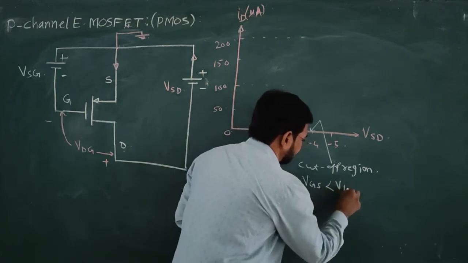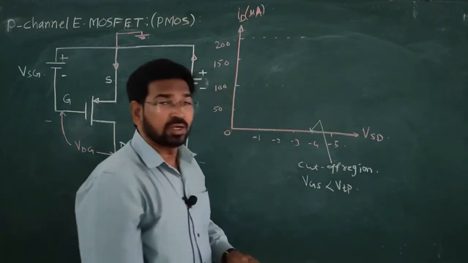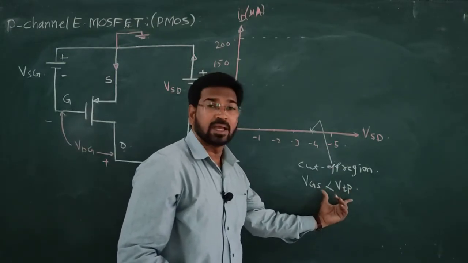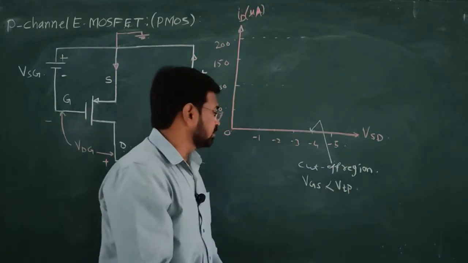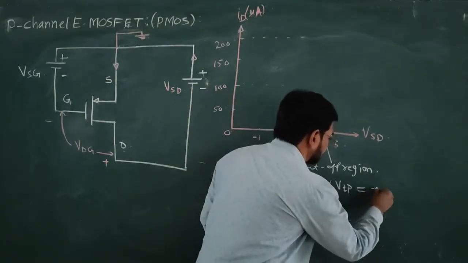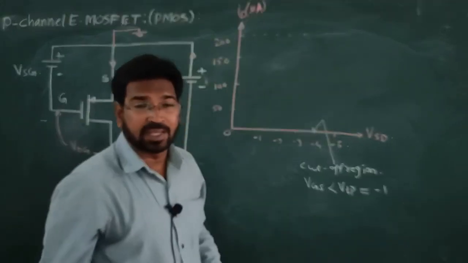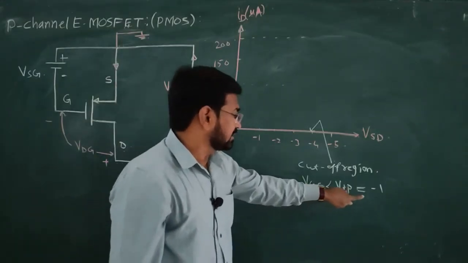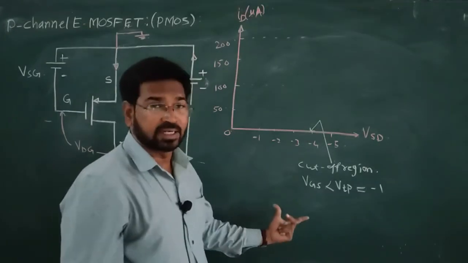So, the threshold voltage of PMOS device is denoted by VTP. So, it is the threshold voltage. What is the threshold voltage of PMOS device? -1, -1.5. So, it is a negative voltage. If it is less than this, the device remains in the off condition.